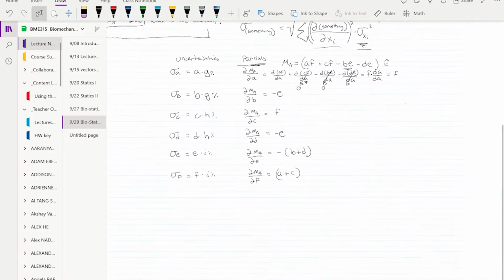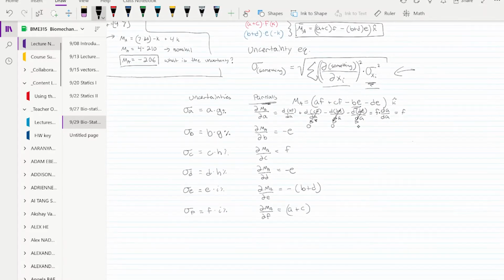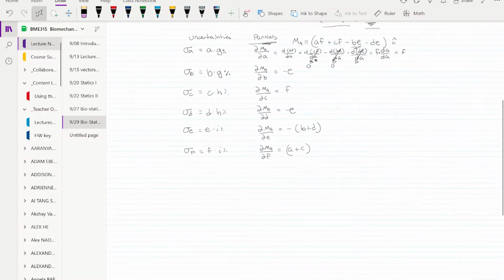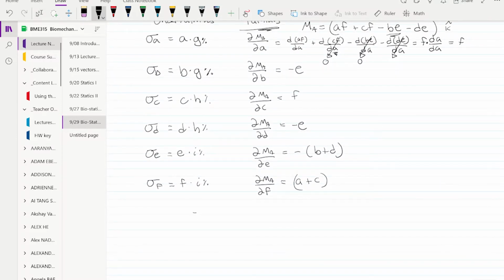All right, so let's just assemble this equation. Let's just use this whole thing and all the stuff we made. Let's make a big equation for the uncertainty of MA. So the long form uncertainty in MA in the K direction will be equal to the square root of a bunch of stuff, right?